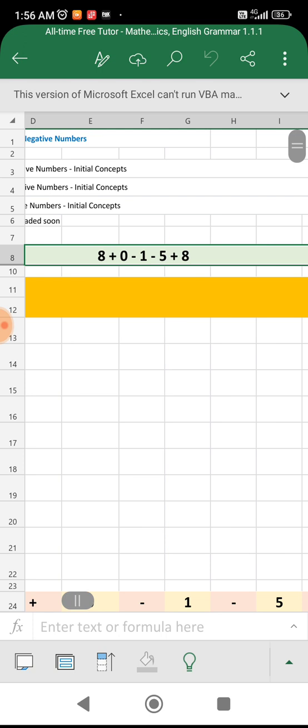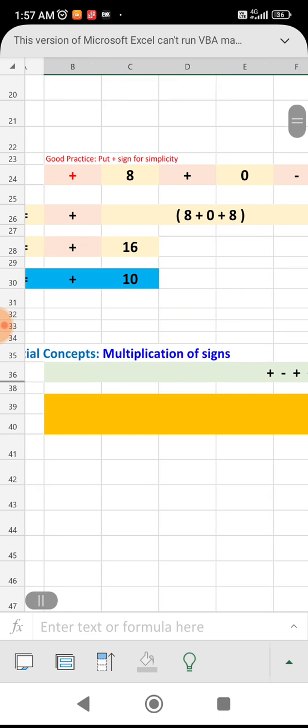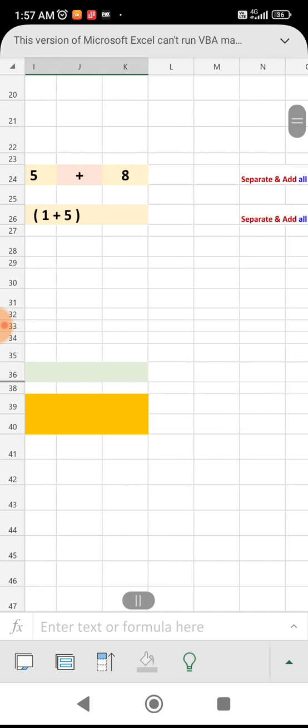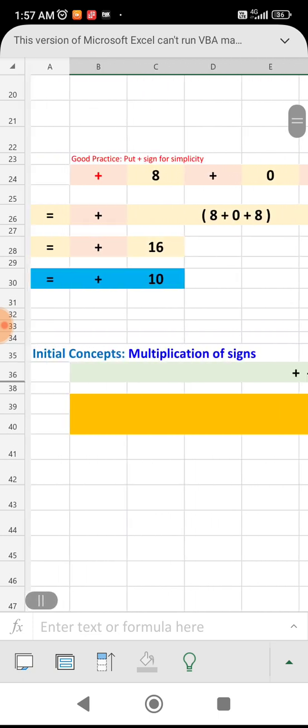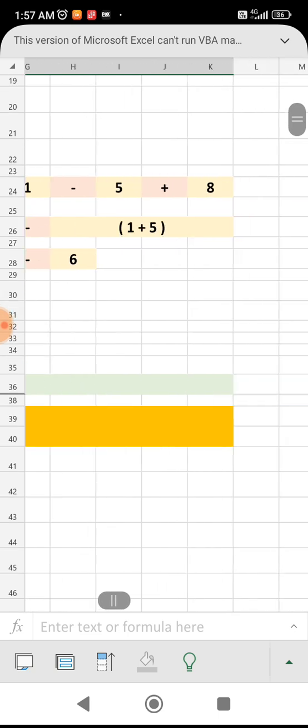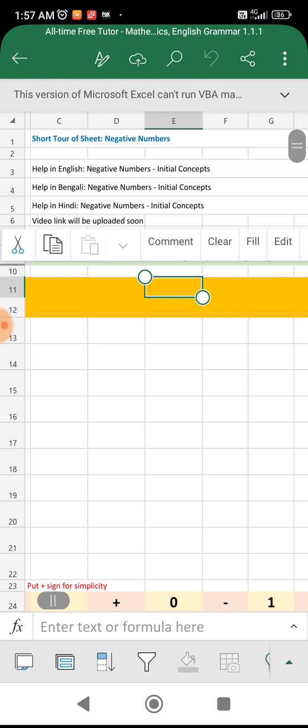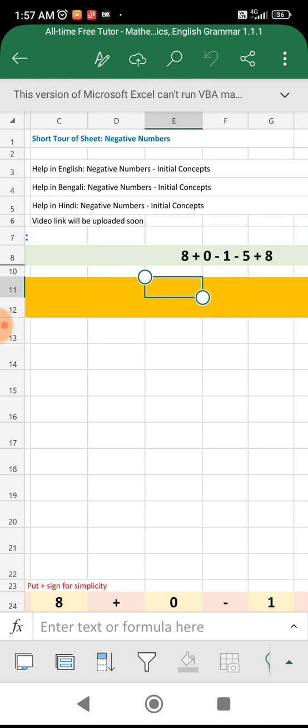Write the answer yourself in your copy, and thereafter go below and check whether the answer is right or wrong. If it is wrong, you can identify where the mistake is, and thereafter, learning from the mistake, you can change it once again. Okay, and practice.